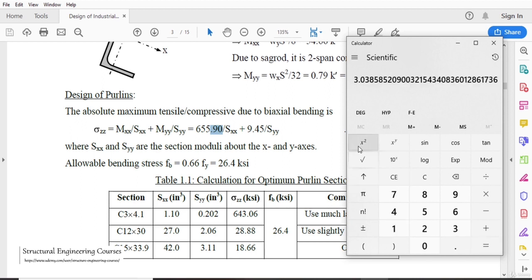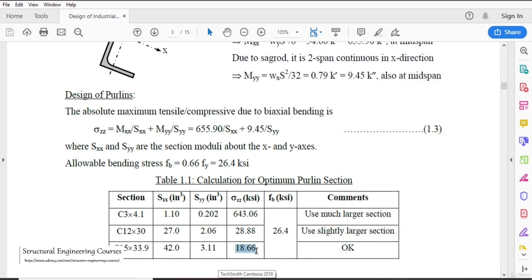So 15.6 plus 3 comes out to be 18.66. So the total sigma allowable in KSI, if we are using this section, is 18.66.